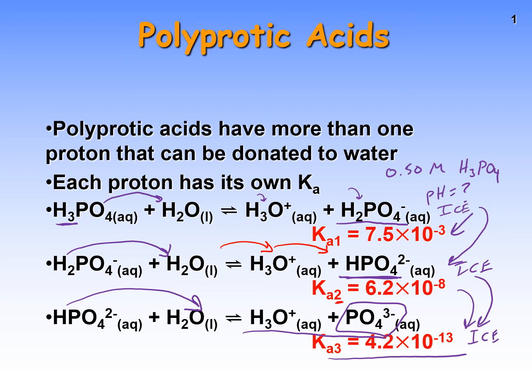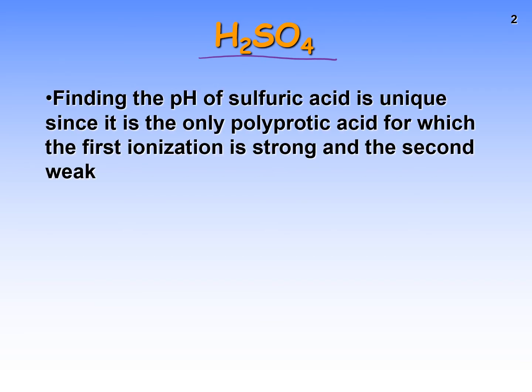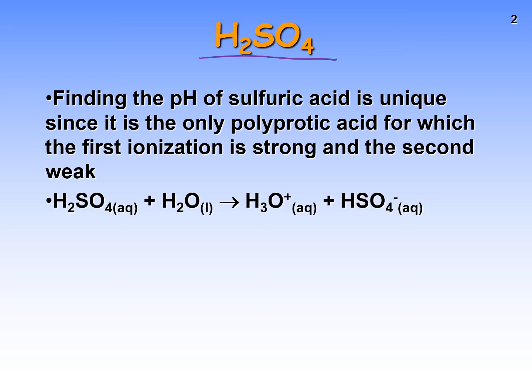So let's talk about a very unique acid, and that is H2SO4. H2SO4 is one of our strong acids, but you have to understand that it's actually only its first dissociation that is strong. H2SO4 is a diprotic acid, and the first ionization step is a strong acid dissociation.